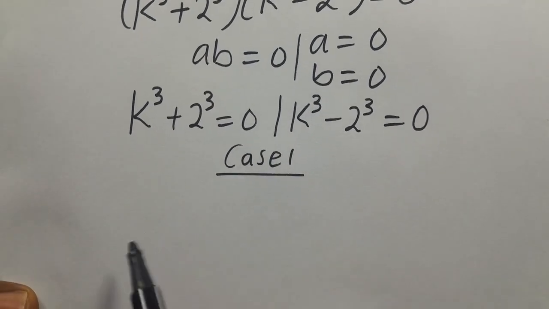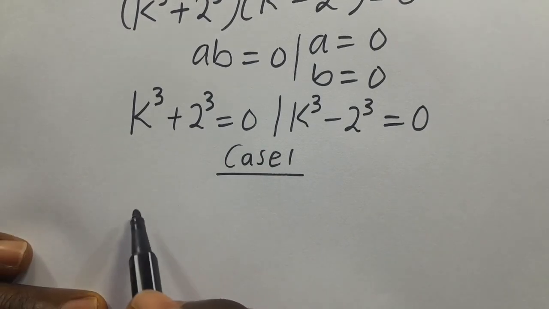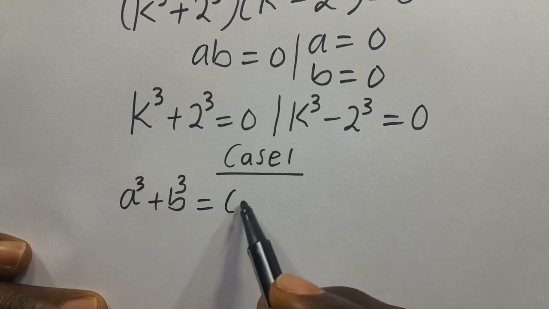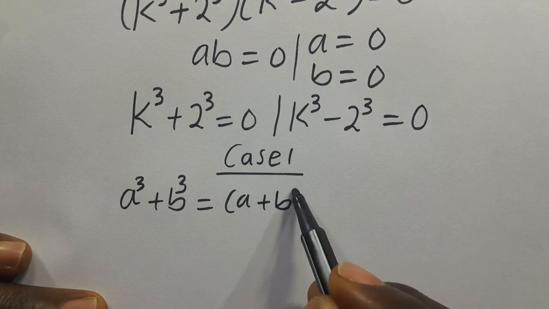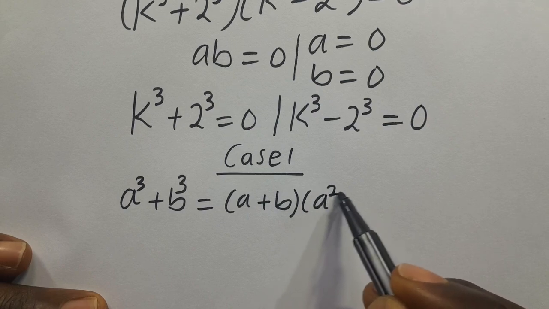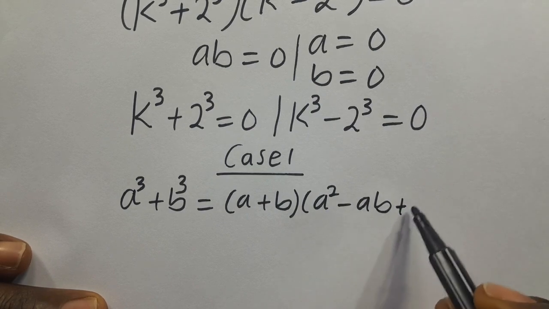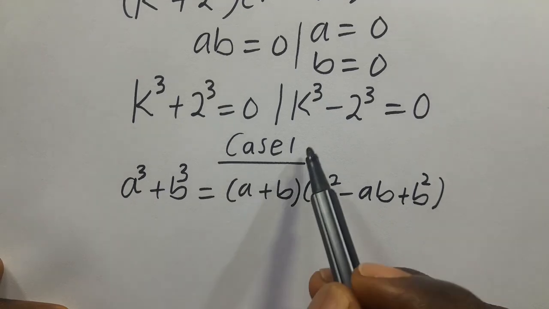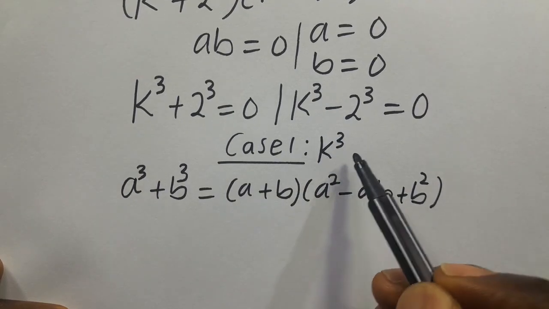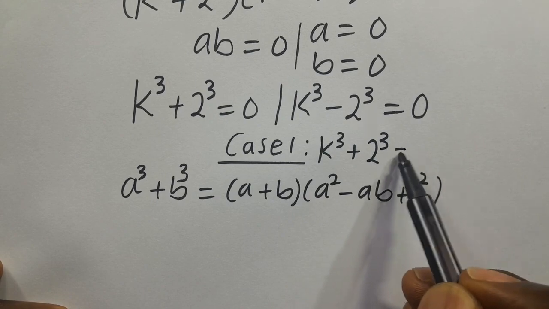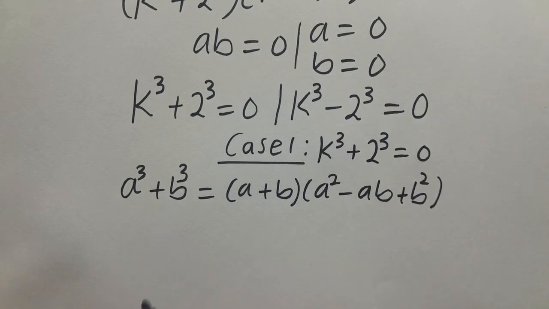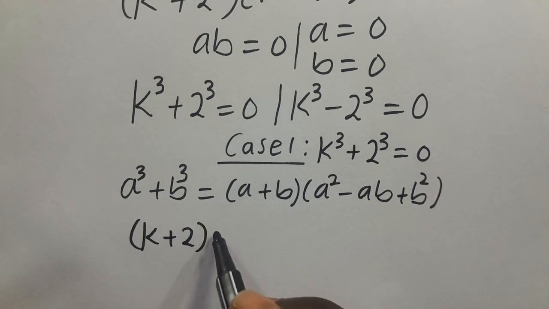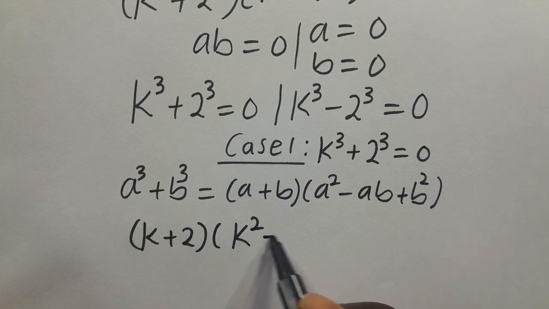Let us recall that a to the power of 3 plus b to the power of 3 equals a plus b in parentheses multiplied by a square minus ab plus b square. When you apply it to k to the power of 3 plus 2 to the power of 3 equals 0, we have k plus 2 in parentheses, multiplied by k square minus 2k.